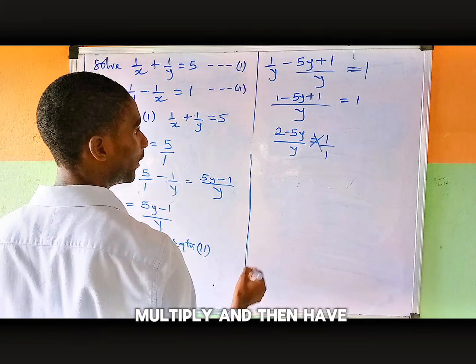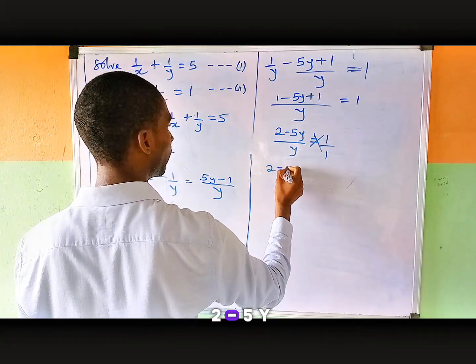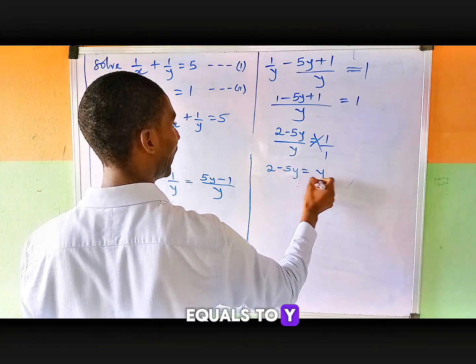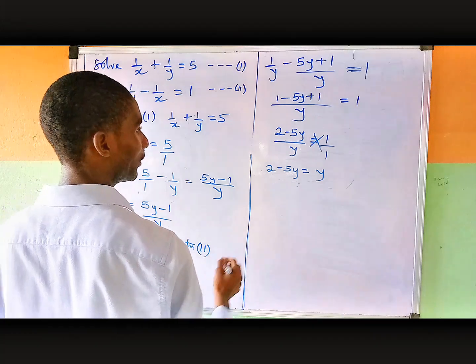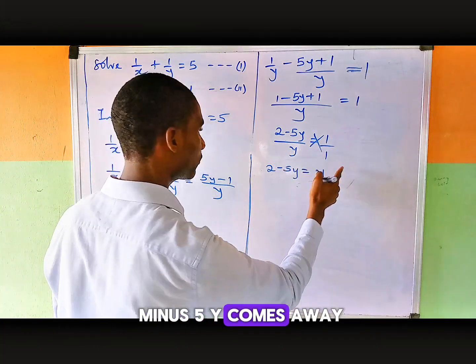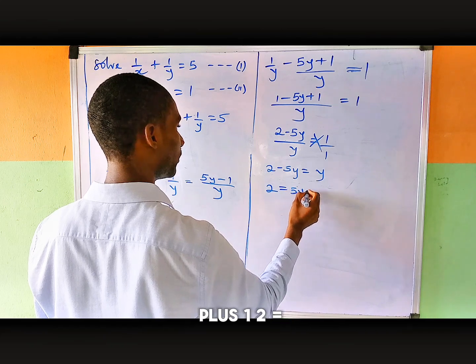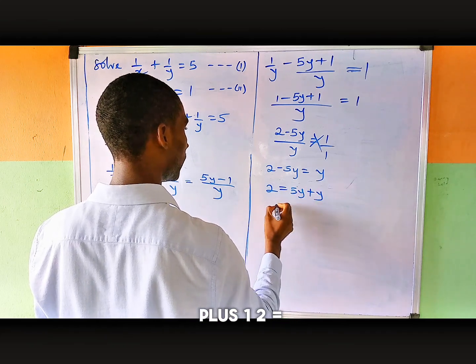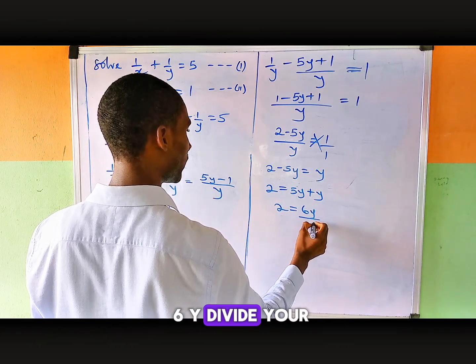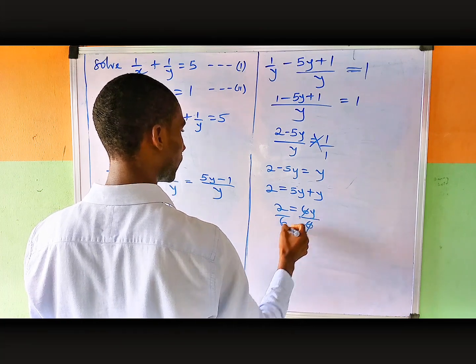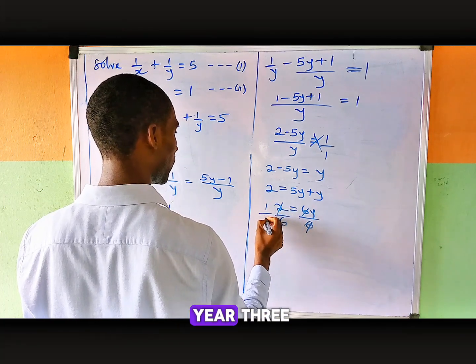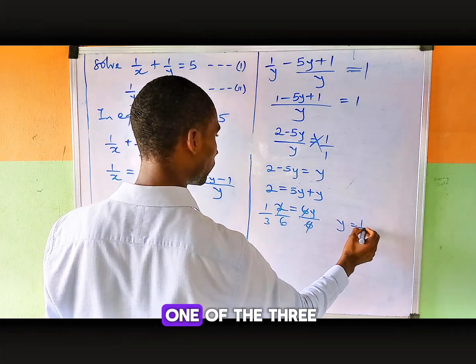I'll cross multiply and then have 2 minus 5y equals y. Collect the like terms, minus 5y comes over here. So you have 2 equal to 5y plus y. 2 equals 6y. Divide both sides by 6. 2 here 1, 2 here 3. So my y is 1 over 3.